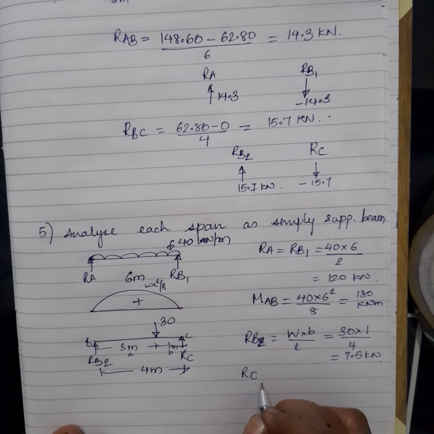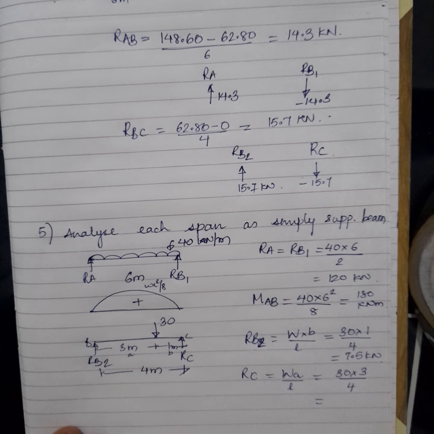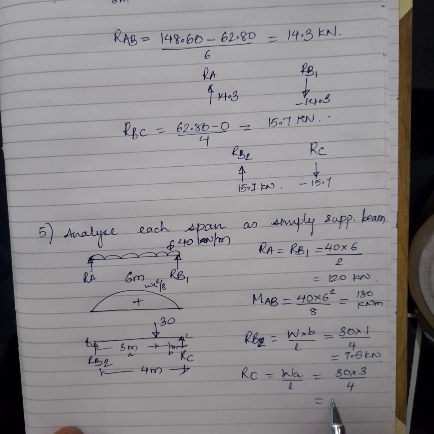Similarly, RC will be WA by L. So it will be 30 into 3 divided by 4, 22.5 kilonewton.